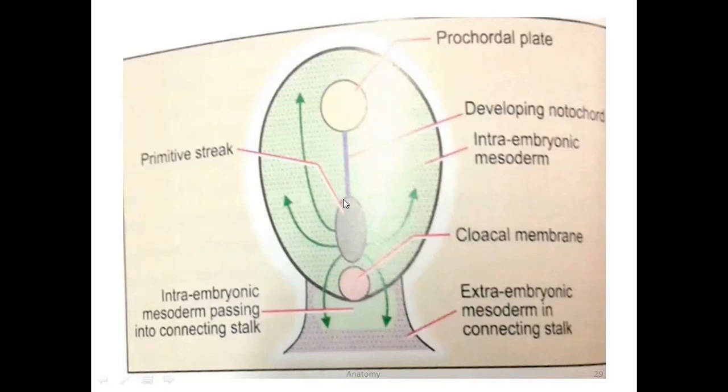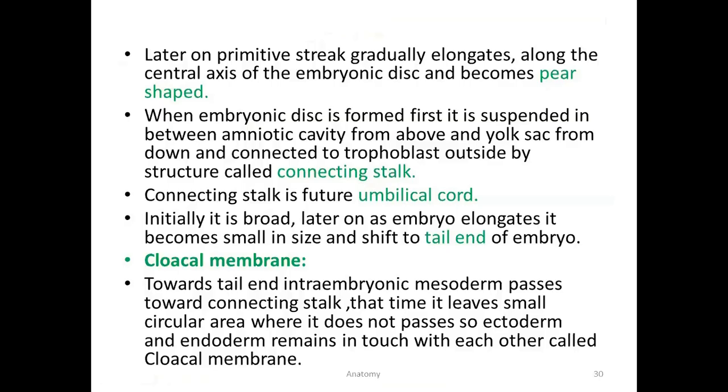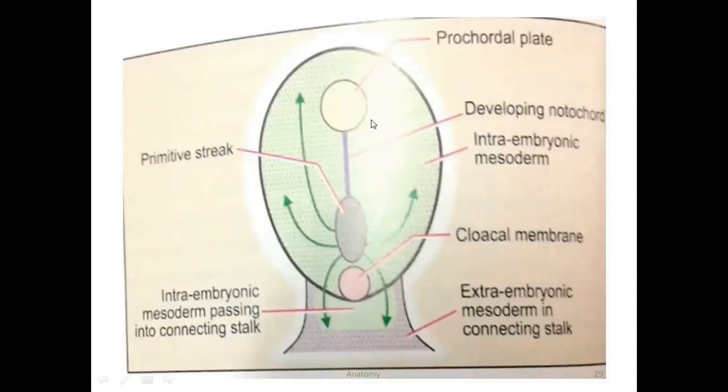Then some cells below that get modified or stimulated, and they will form the notochord. Later on, the primitive streak gradually elongates in the anterior-posterior direction along the central axis of the embryonic disc and becomes pear shaped. In the last diagram you have already seen it becomes a pear-shaped primitive streak.